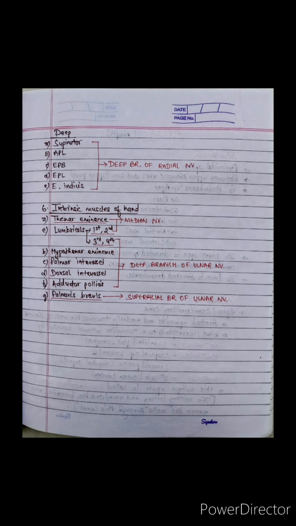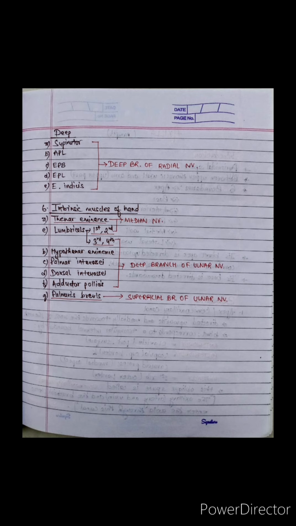Let's see the deep muscles of back of forearm. Here the supinator, abductor pollicis longus, extensor pollicis brevis, extensor pollicis longus and extensor indicis are supplied by deep branch of radial nerve.